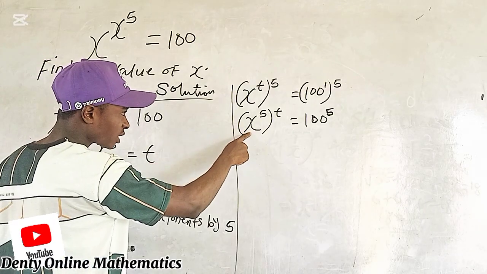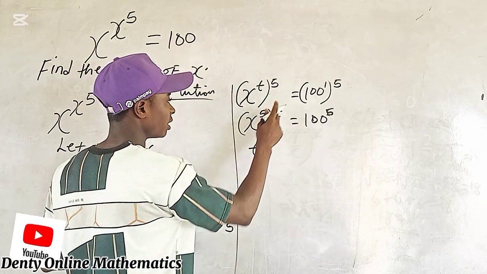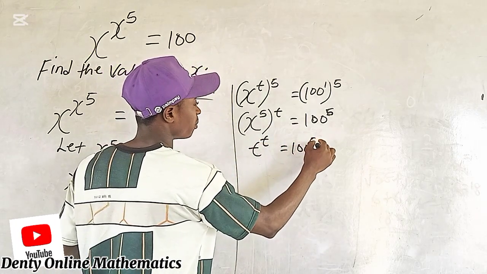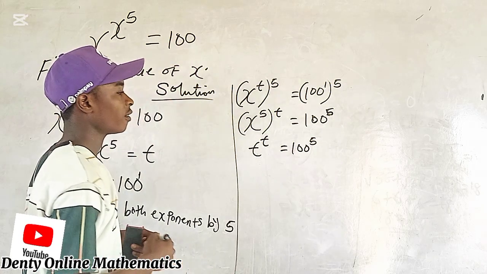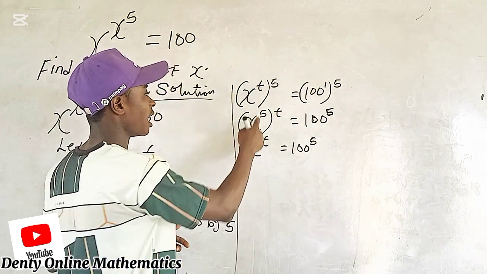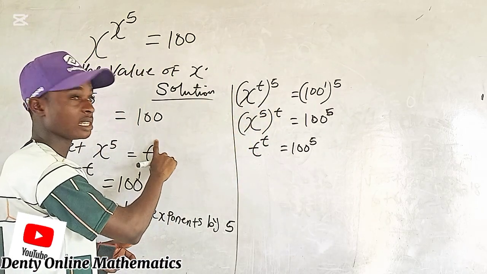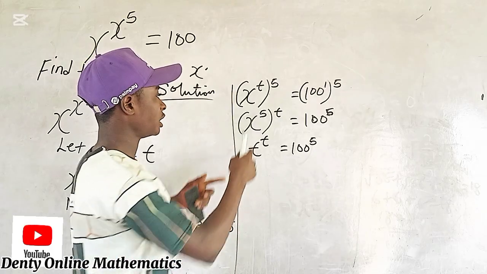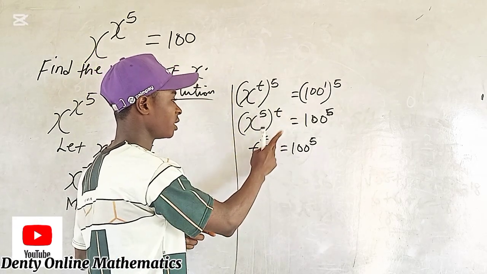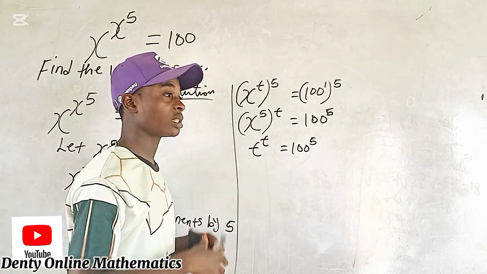So if we have x raised to the power of 5 here, we can replace it to be what? t raised to the power of t equals 100 raised to the power of 5. Yes, because x raised to the power of 5 is the same thing as this t here. So I just replace this by the variable t. t raised to the power of t equals 100 raised to the power of 5.